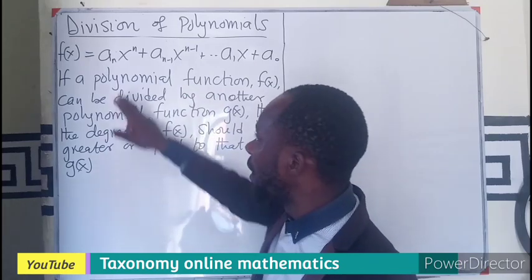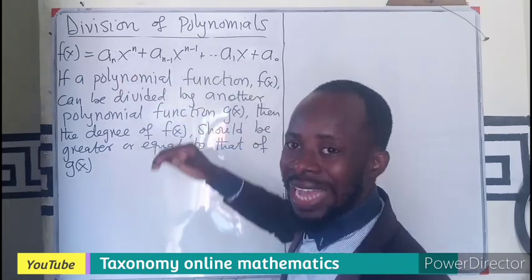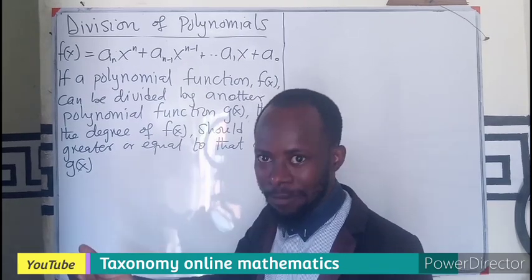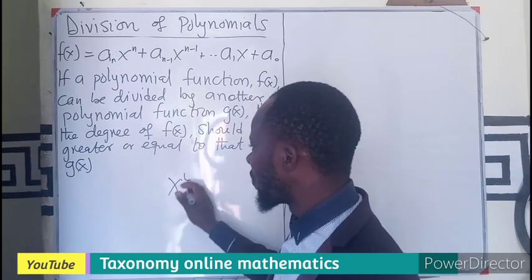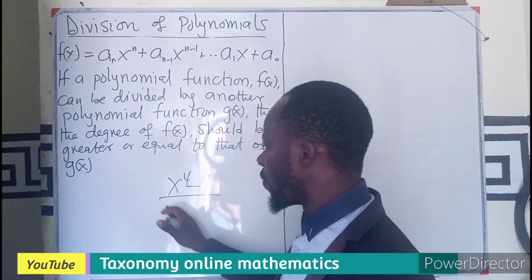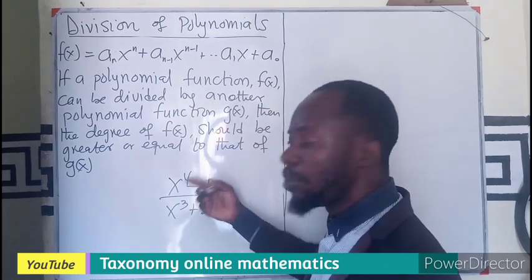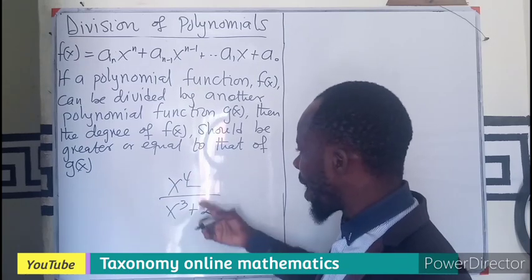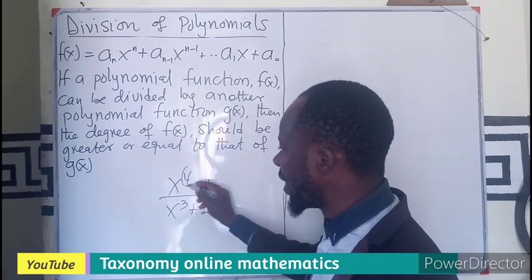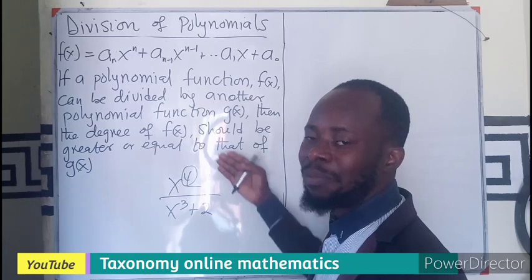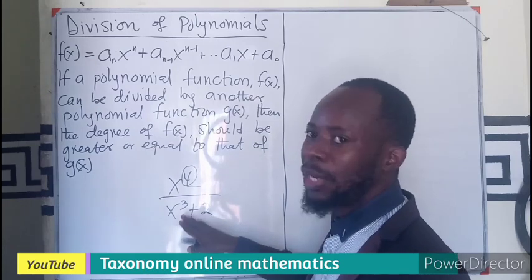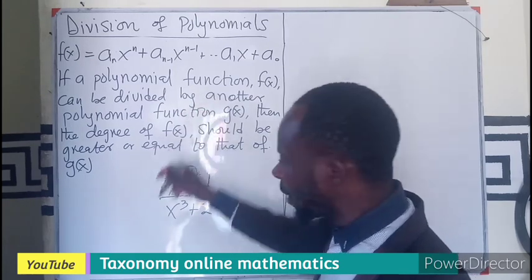It means that we can only divide polynomials that are improper fractions, as in x exponent 4 minus 1 over x exponent 3 plus 2. This is an improper fraction, whereby the power or the degree of the numerator is bigger than the degree of what? The denominator. That is what this explains.